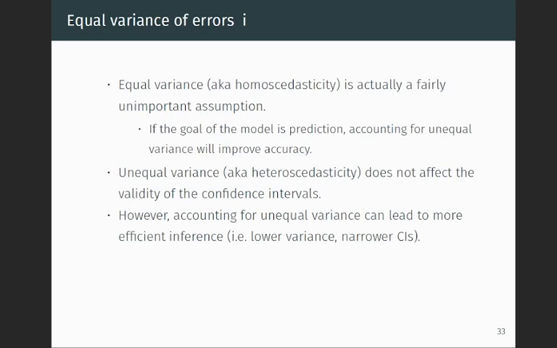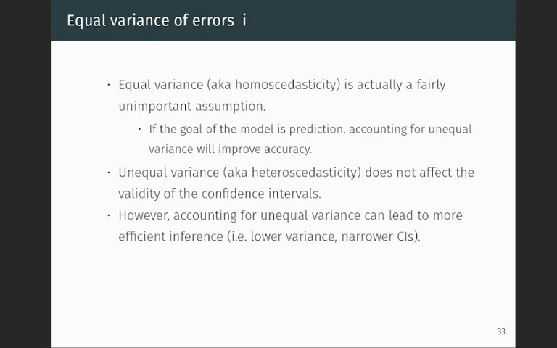But when the goal is inference, the unequal variance is typically not very important. What I mean by this is that heteroskedasticity does not affect the validity of the confidence intervals. On the other hand, though, accounting for the unequal variance can sometimes lead to more efficient inference, which means that your confidence intervals will be smaller. So if you don't account for it, your confidence intervals will still be valid, but typically wider.